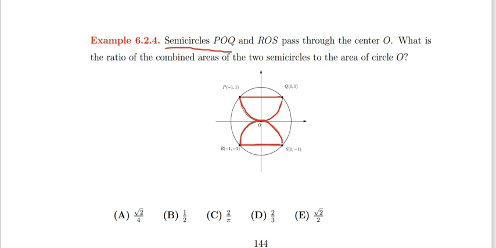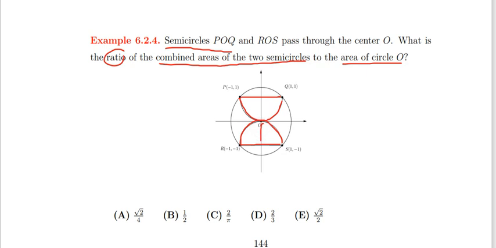We want to find the ratio of the combined area of the two semicircles to the area of circle O. The combined area of the two semicircles becomes one circle, so we just want to find the radius of this circle.